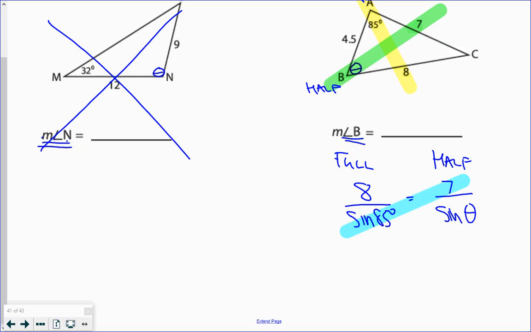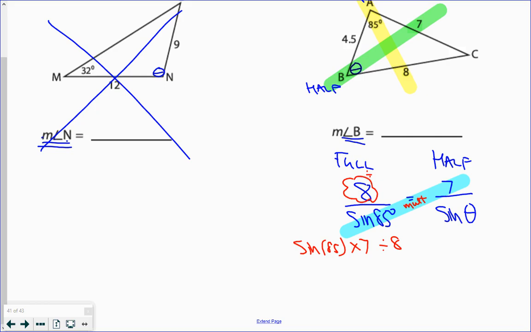That is what we're going to multiply, and then this is what we divide. So on your calculator, you're going to go sine 85 times 7 divide by 8. So cross multiply, then divide.